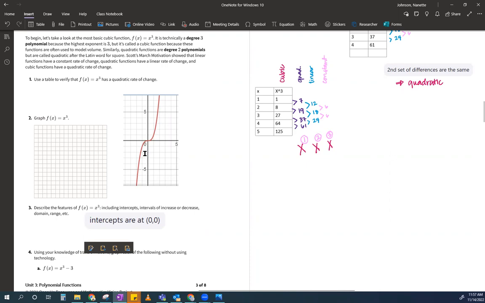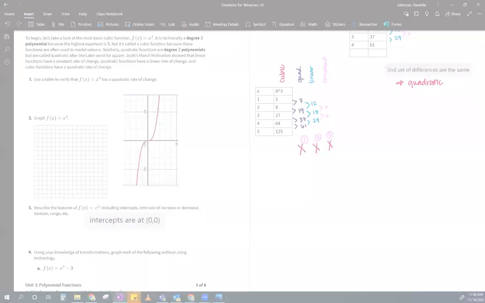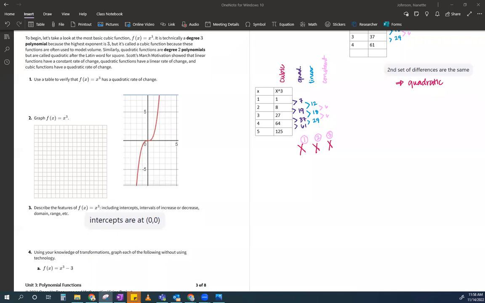Yes, I agree with that. Someone else says, would the domain be all real numbers? What do you guys think?